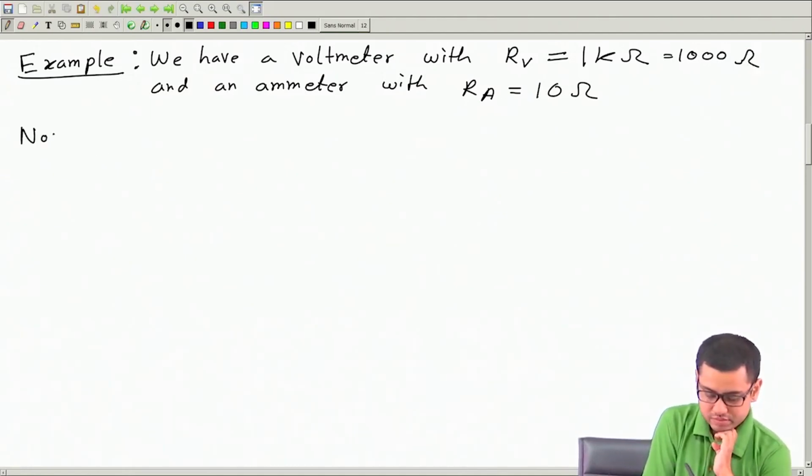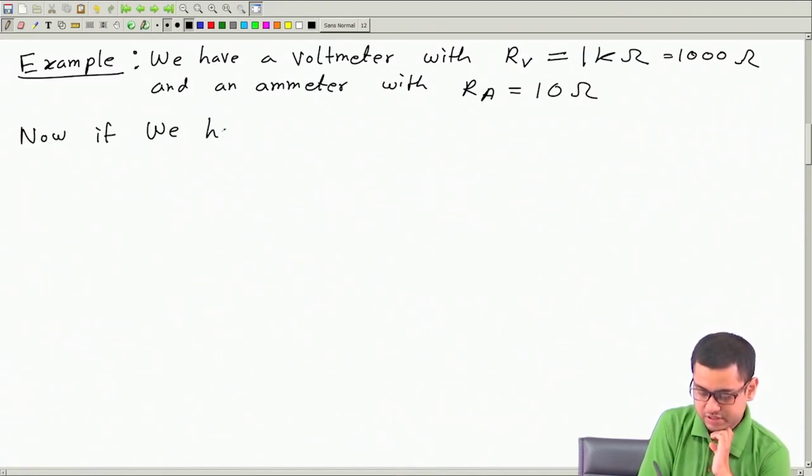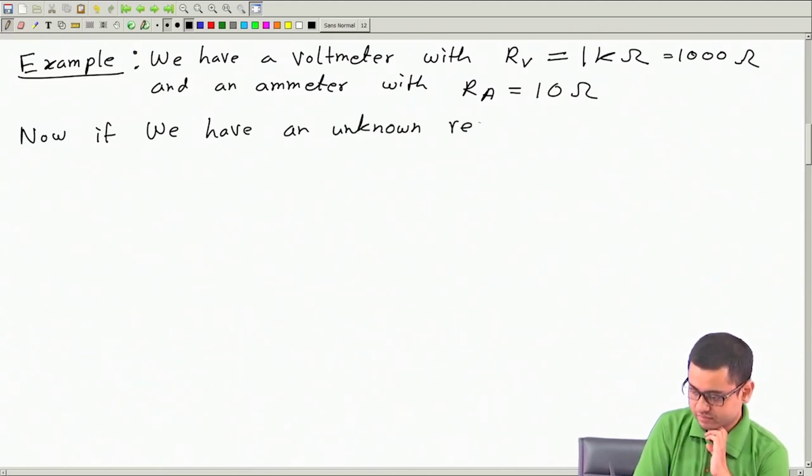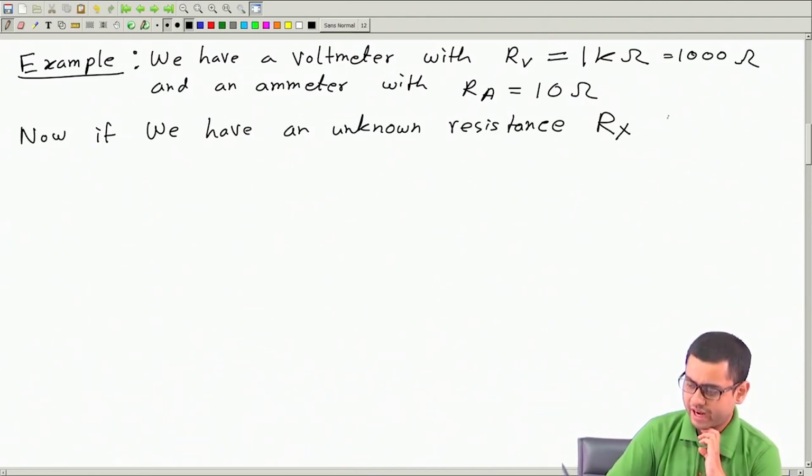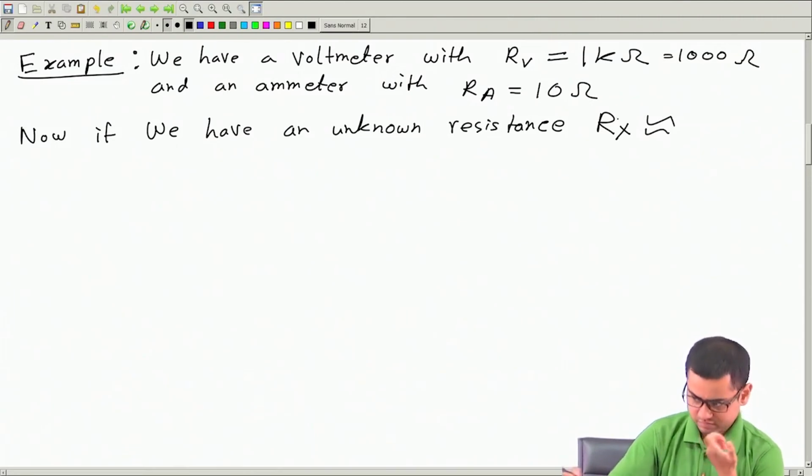Now, if we have an unknown resistance Rx, whose value we know is around, say, 10 ohm.